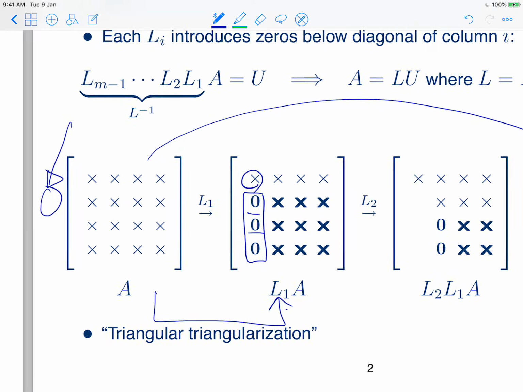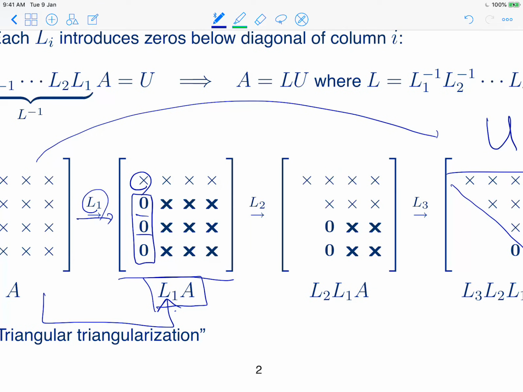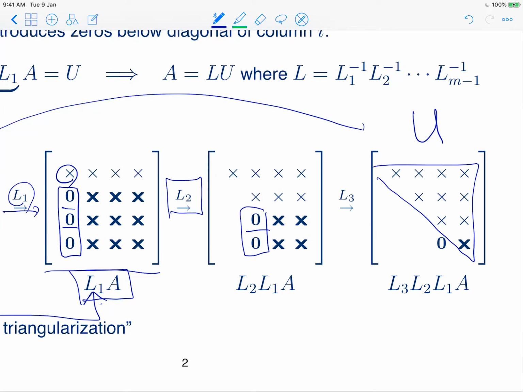We obtain this matrix by multiplying some matrix called L1, which corresponds to the result L1A, and then we multiply another matrix L2 to introduce 0 over here. Through this consecutive multiplication of L1, L2, and so on on the left of the input matrix, we end up with this upper triangular matrix.